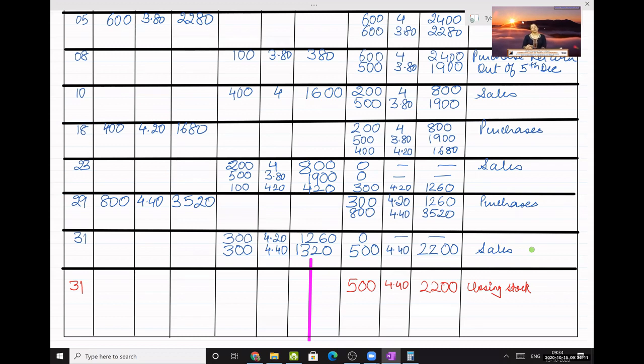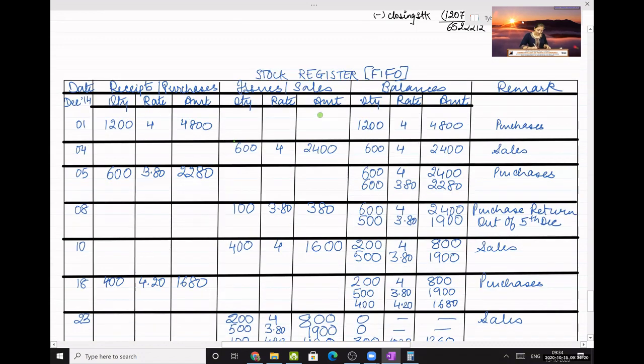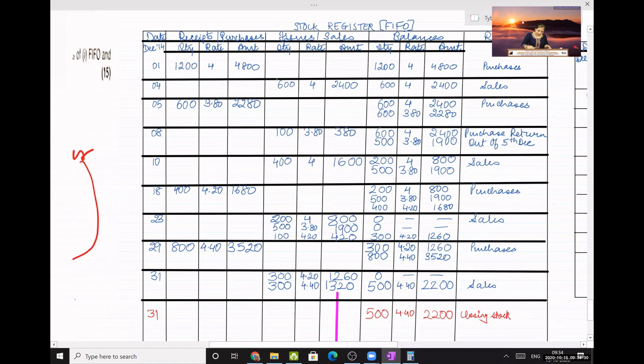Calculate COGS also for the same. How do you calculate COGS? Total the sales amount column. That will give you COGS. Sales at selling price is COGS.